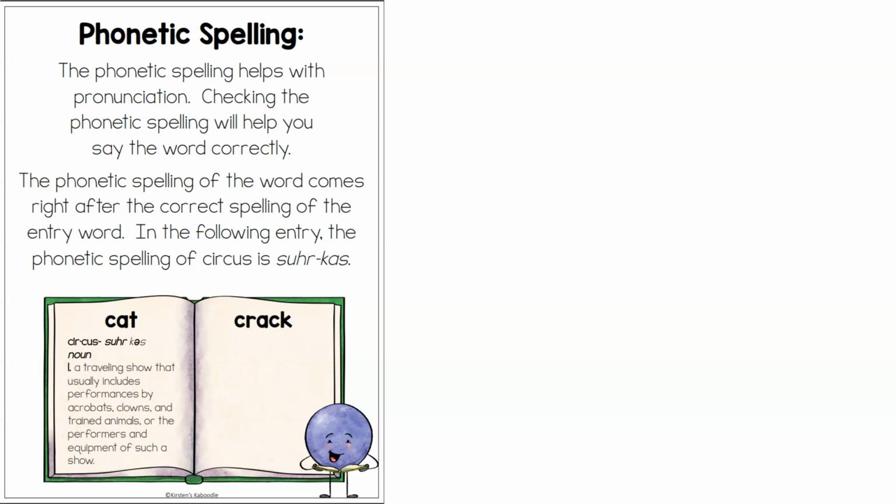In the following entry, the phonetic spelling of circus is S-U-H-R-K-A-S. If we were to sound out the phonemes, we would hear S-R-K-S, circus, circus.